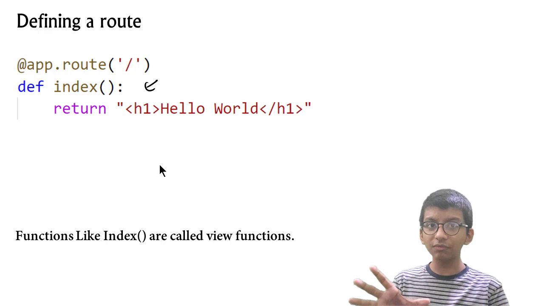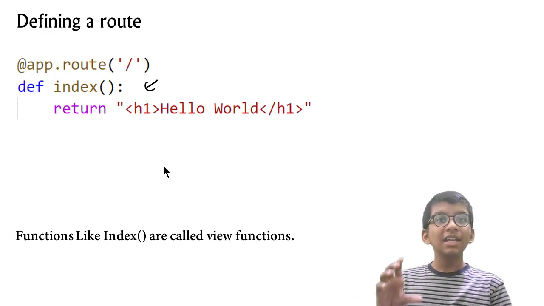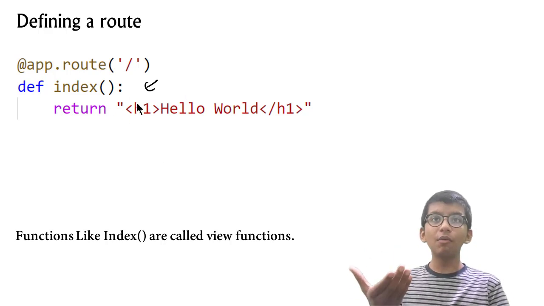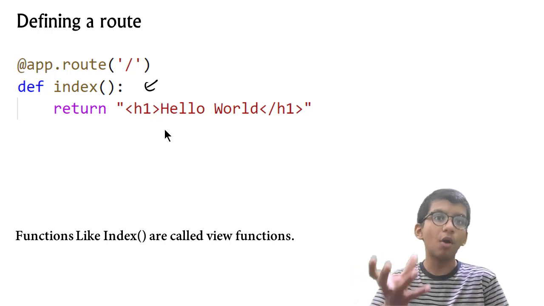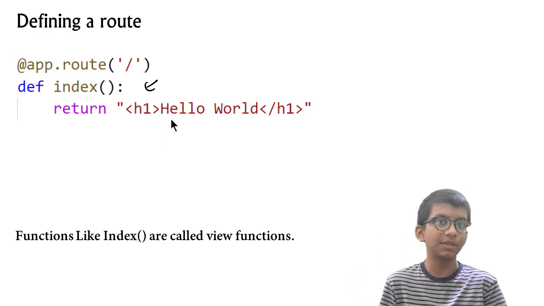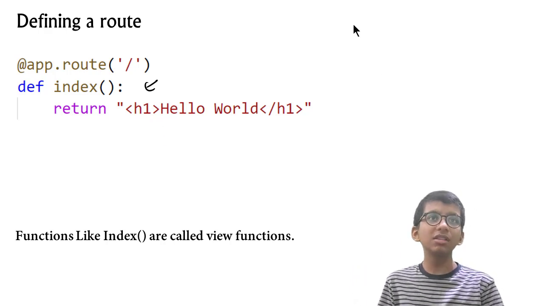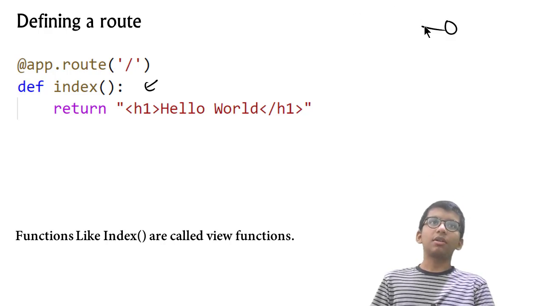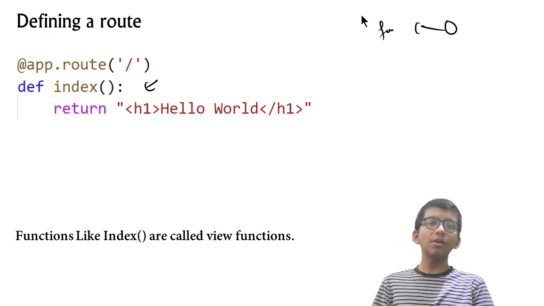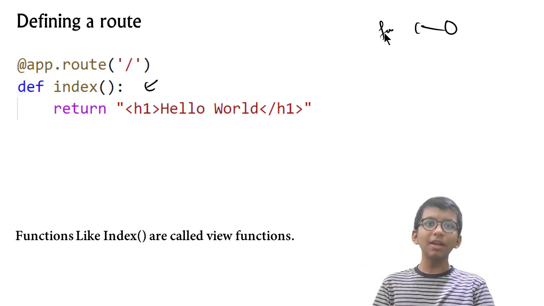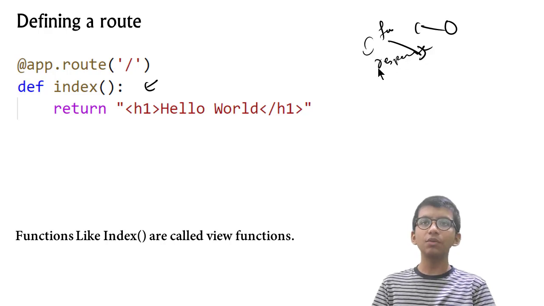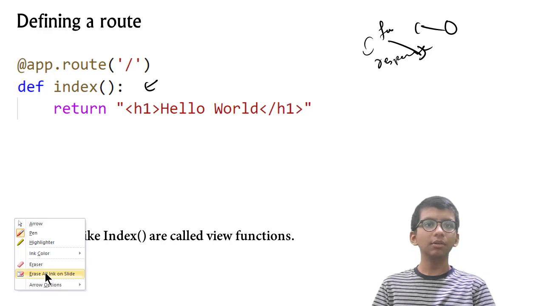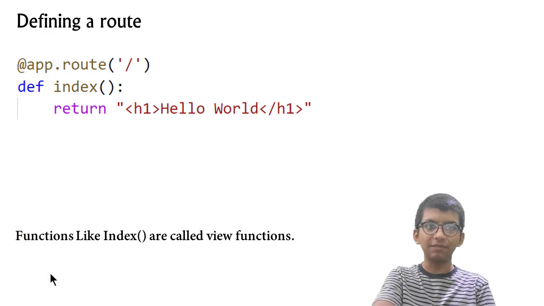It will trigger this index function, and whatever the result is, it is called the response, which the client receives. And again, the response is what the client receives. Let's say the client searches for Facebook, and the web browser finds Facebook and shows it to the user, and that's called the response that the user has got, or the client has received.